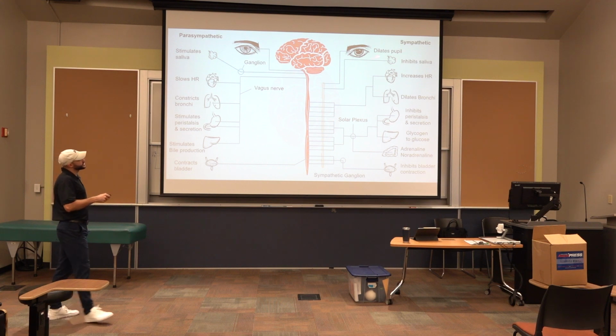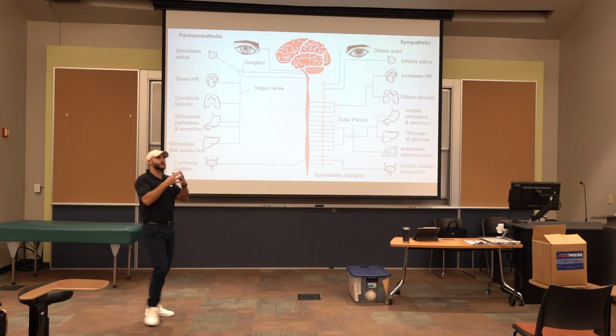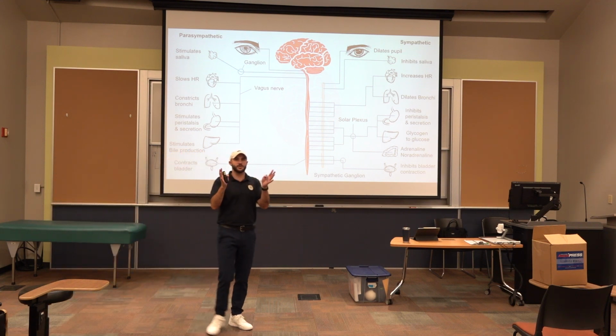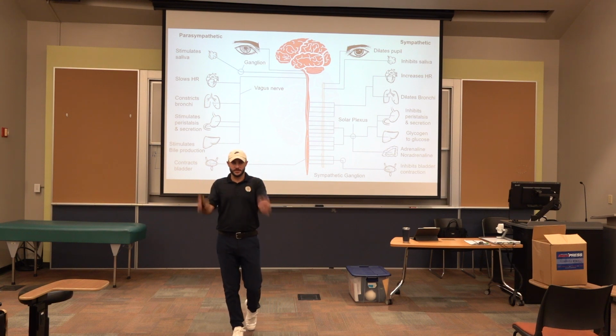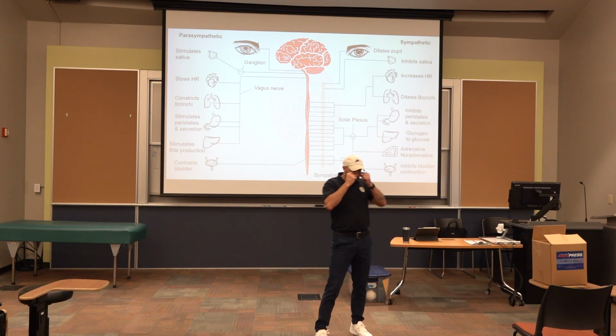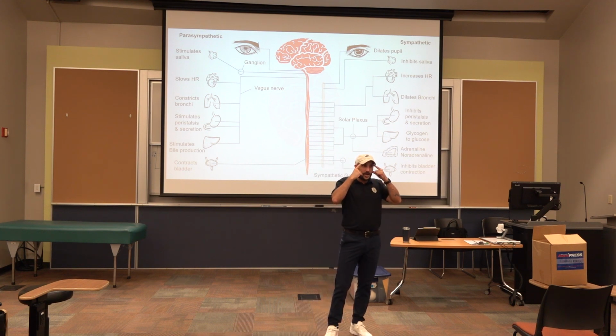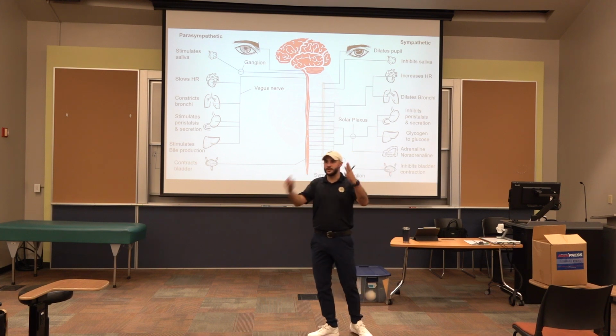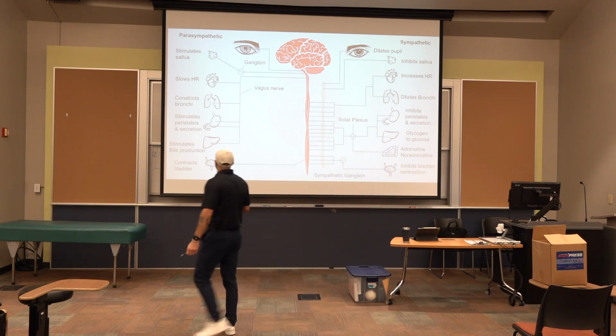Because when we're sympathetic, we dilate our pupils to let more light in, more information into the brain so that we can survive better. If you look at different species of animals, they'll have maybe reflective paneling around their eyes to get even more light into their eyes and they can see better in the dark. That would be cool to have.